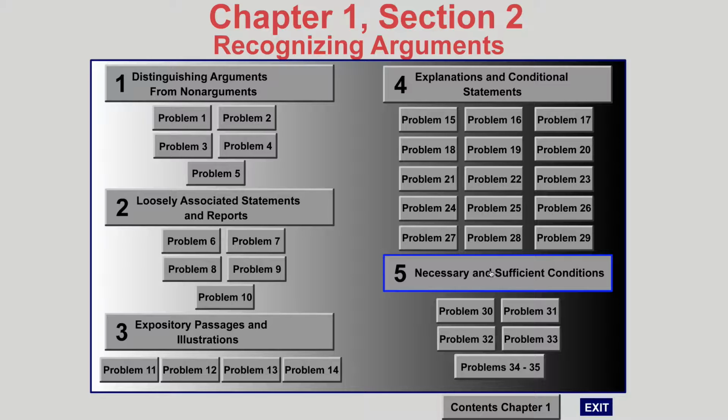When one looks at the history of philosophy, the attempt has always been, from Plato on forward, to differentiate what philosophy is. And one main distinguishing characteristic of philosophy is that philosophy gives arguments. It does not give opinions, it doesn't give explanations, it doesn't merely give conditional statements, it doesn't just give loosely associated statements and reports, and so on.